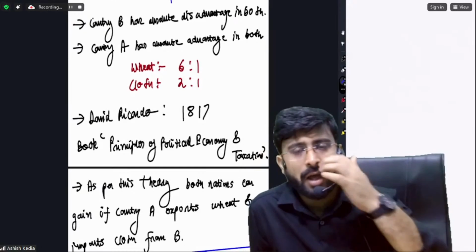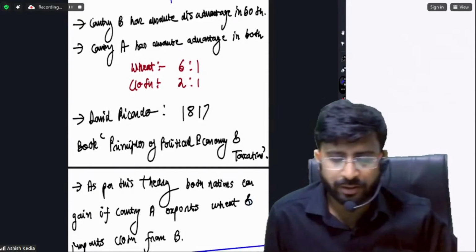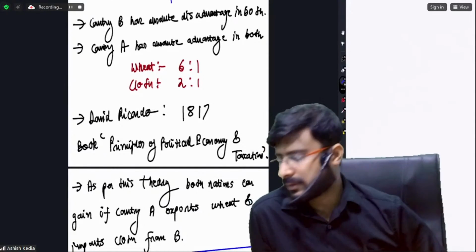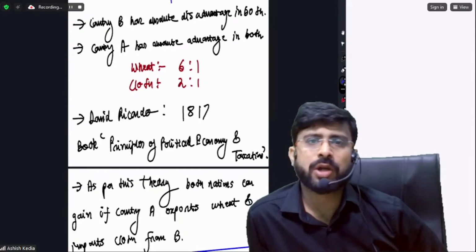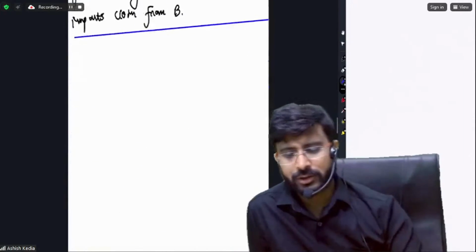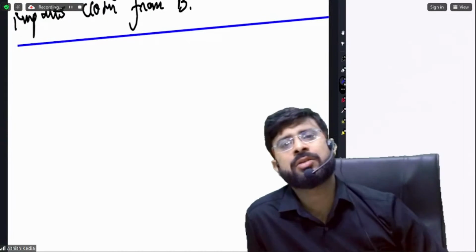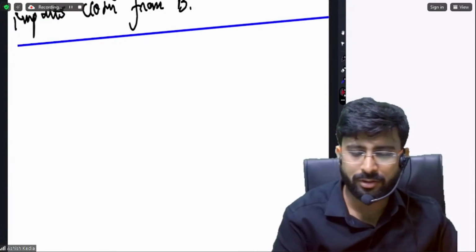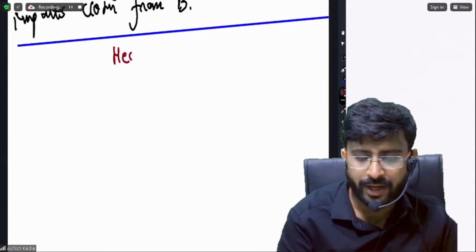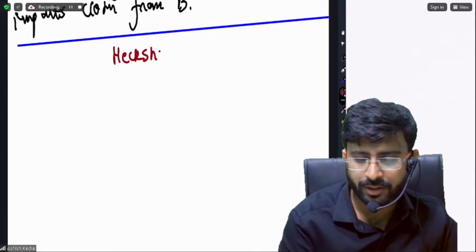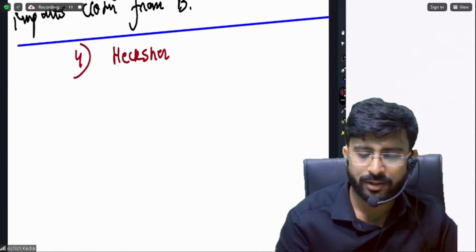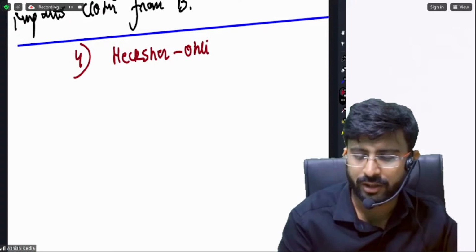Is that clear, friends? Yes, sir. It's clear. Now, sir, what are we talking about? Friends, now we are talking about Heckscher-Ohlin theory. Fourth one, Heckscher-Ohlin theory.